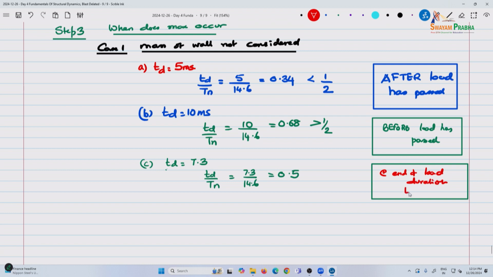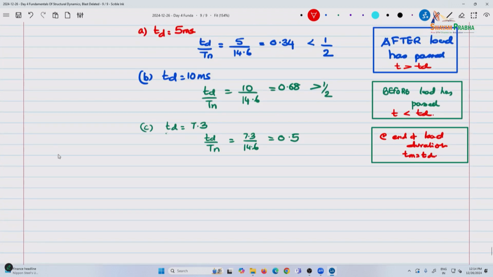So, this is when t less than Td. The response is elastic, but it is different.